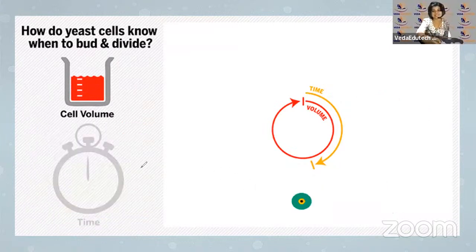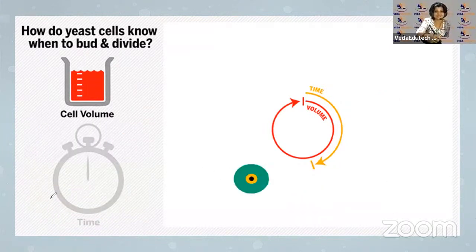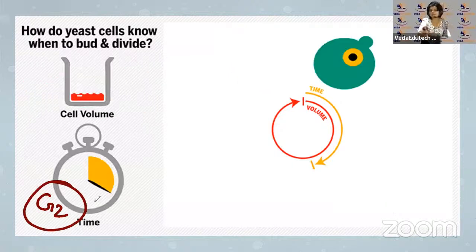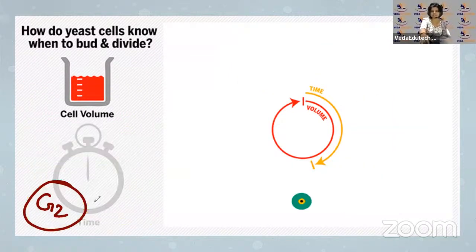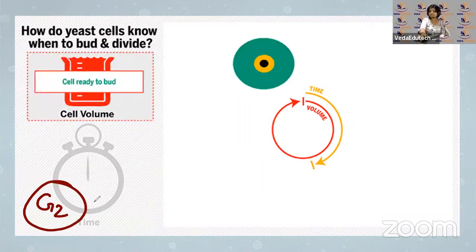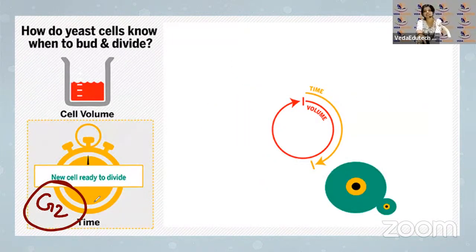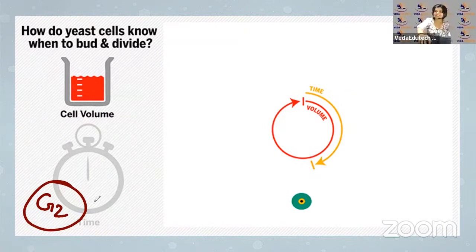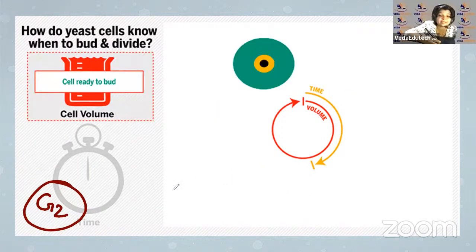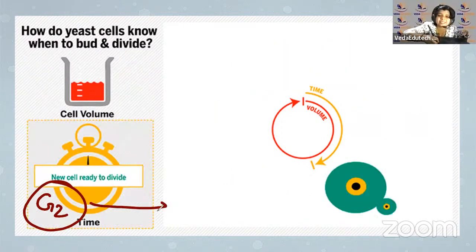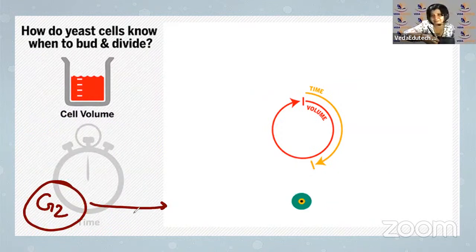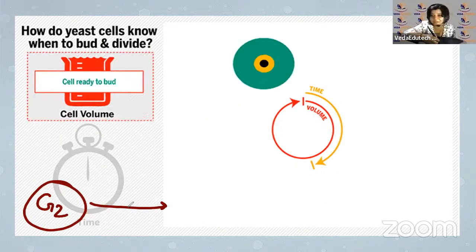One thing I forgot to tell you is that in G1, most of the cell organelles replicate. ER, Golgi, all this gets replicated in G1. But in G2 also there are some cell organelles which replicate. Which ones? The semi-autonomous cell organelles. What are the semi-autonomous cell organelles?